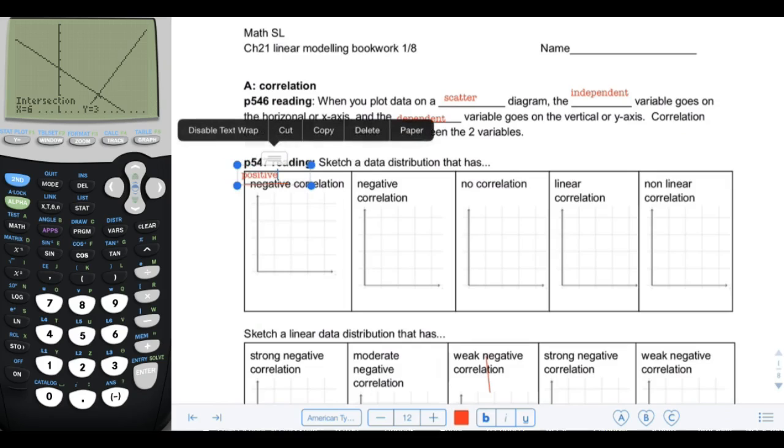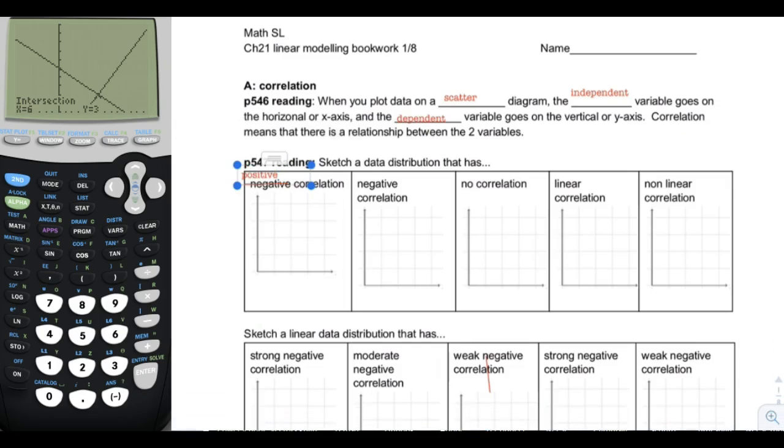Okay. Positive correlation looks like this, where you have data points going in an upward trend like something is growing. Negative correlation, on the other hand, looks kind of like this, where you have data going in a downward direction. And let's see, next one is no correlation.